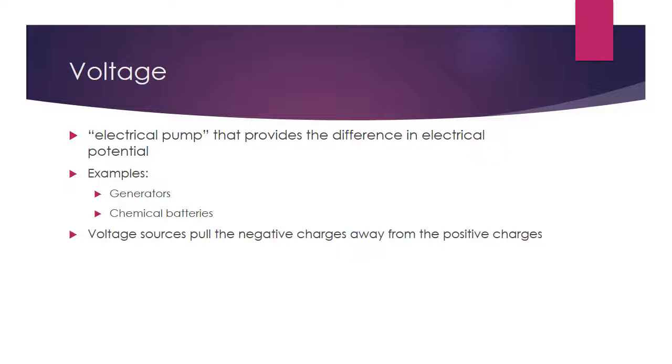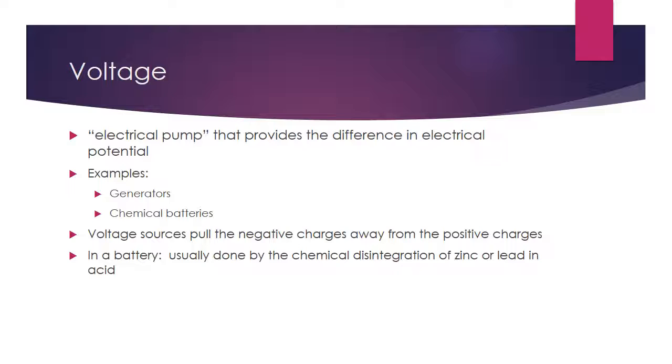So what happens actually is the voltage source, you'll notice if you've looked at a battery that they have a positive end and a negative end. What they do is they pull the charges away from each other, creating that potential difference so that the charges want to complete the circuit and get back together.